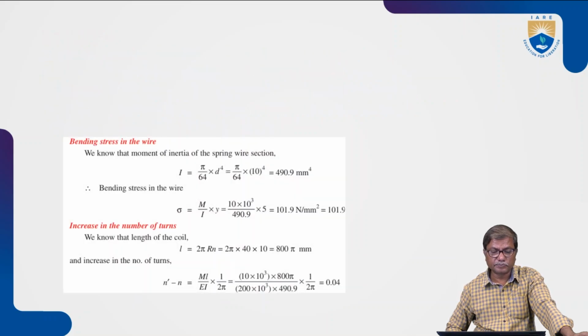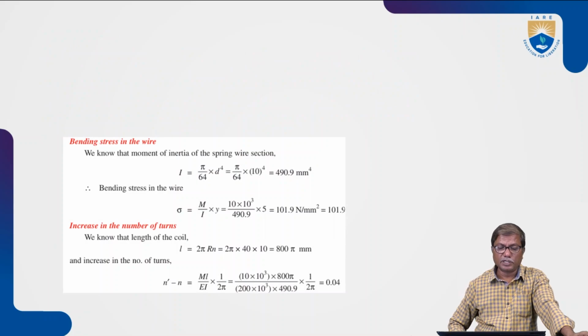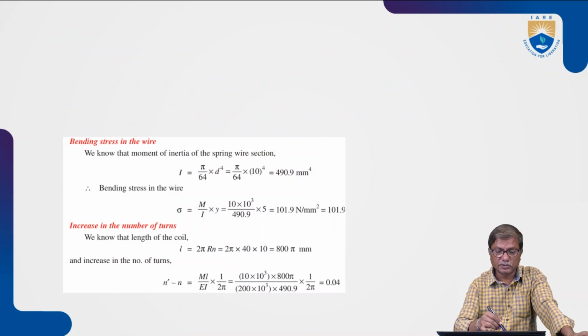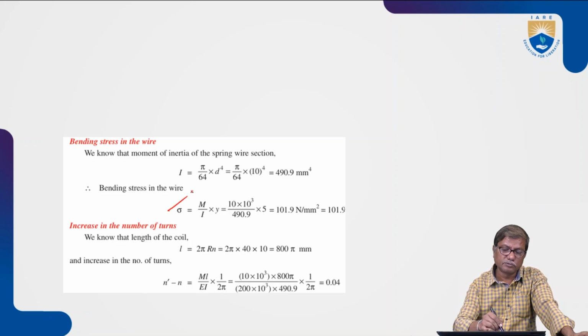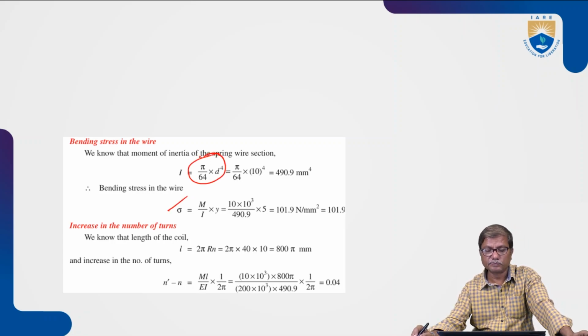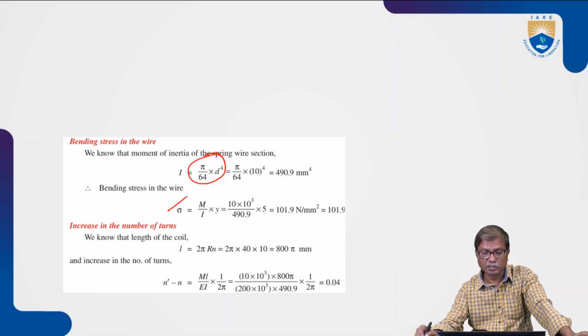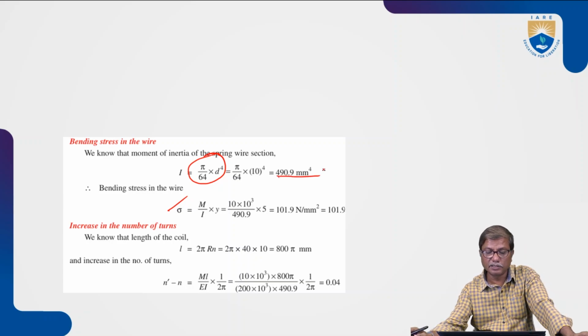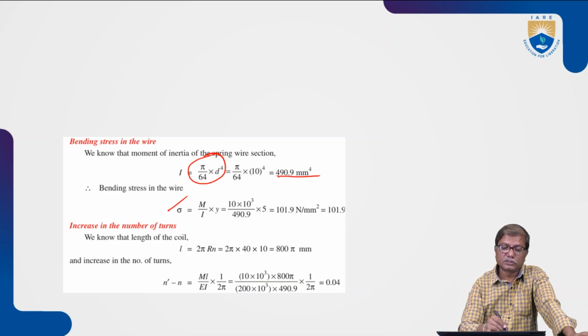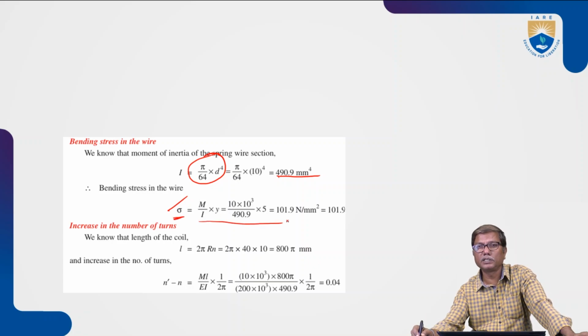So here the bending stress is calculated by using the bending equation. The moment of inertia of the wire is pi by 64 d power 4, small d here 10 power 4, which comes out to be 490.9 mm power 4. So the bending stress from the equation is given as m by I into y.